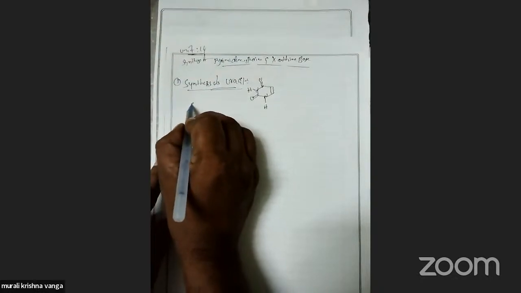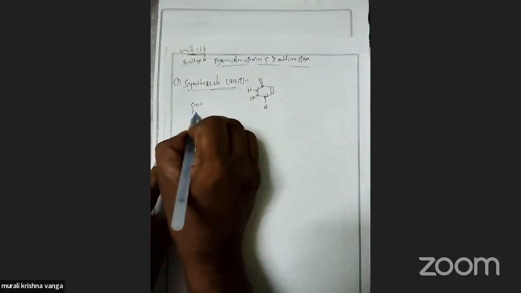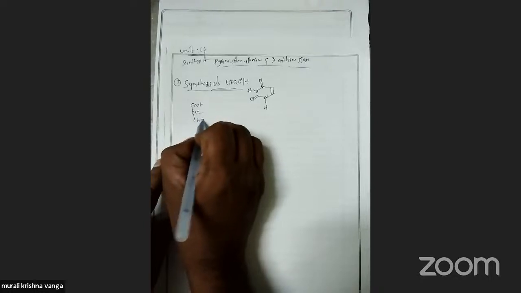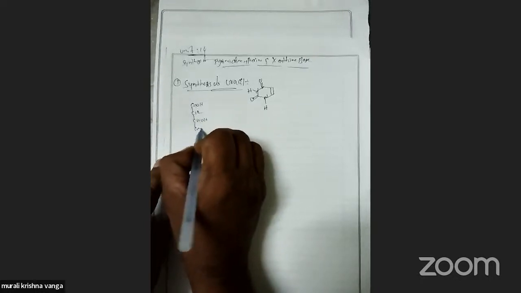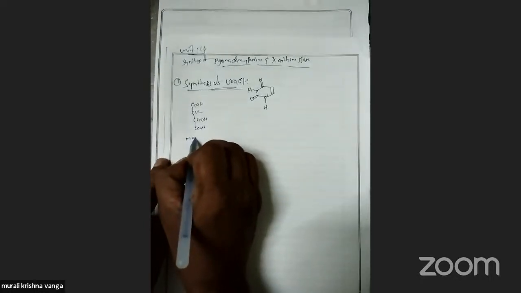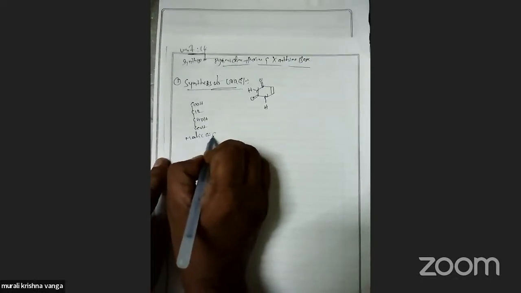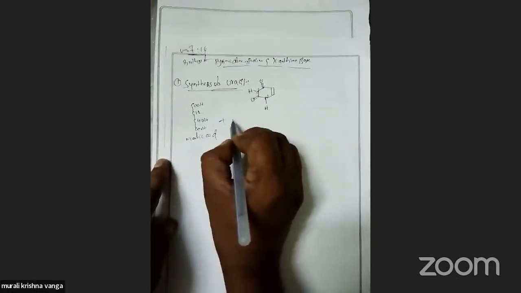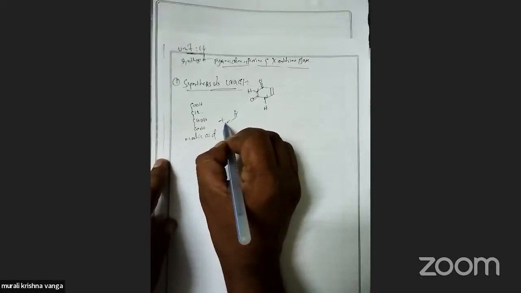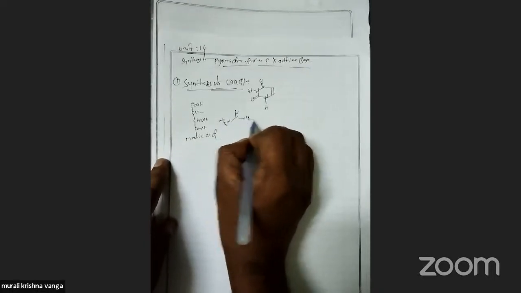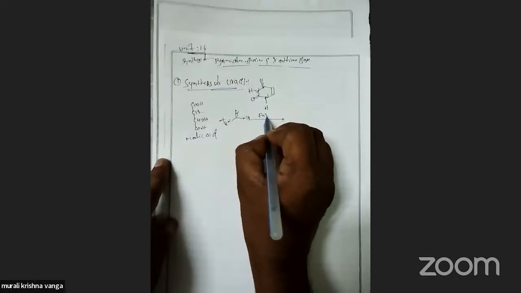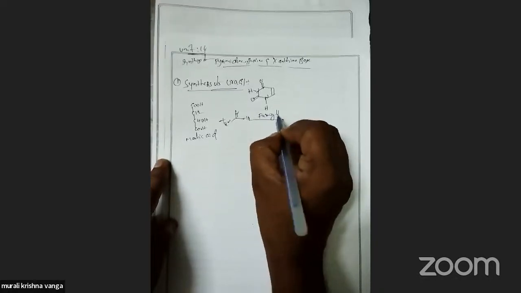Now, the synthesis of uracil is from malic acid. This is malic acid, and this malic acid reacts with urea, NH2, NH2, in presence of fuming H2SO4.